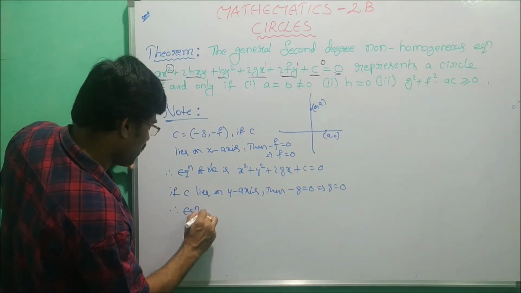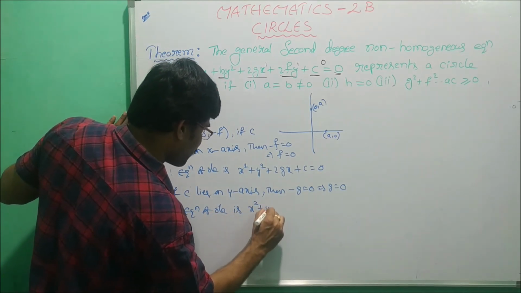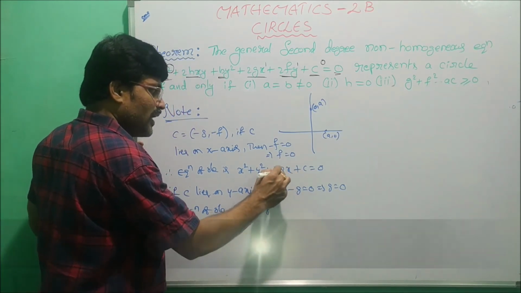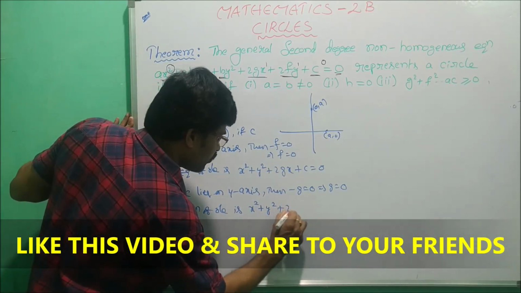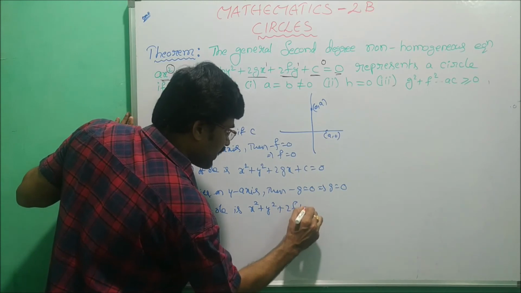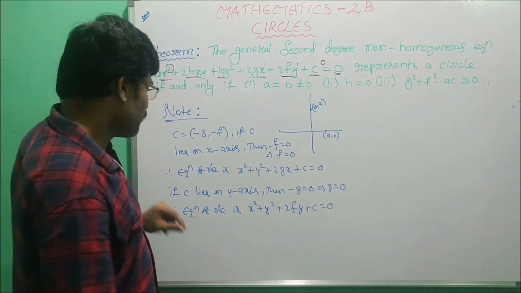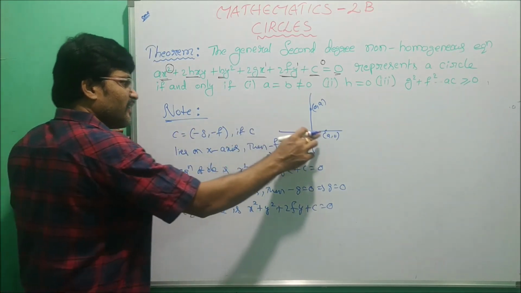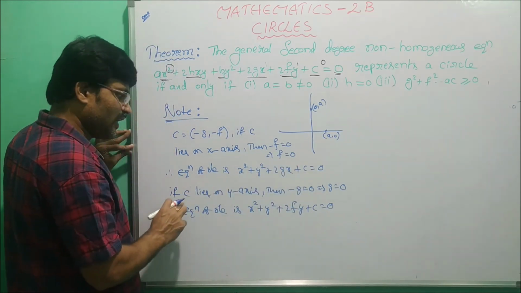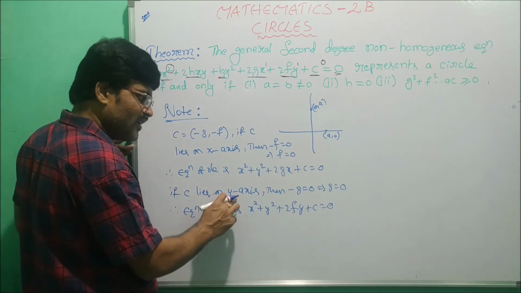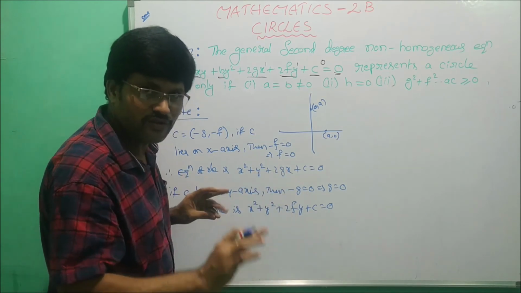Therefore, the equation of the circle is x square plus y square plus 2fy plus c equals 0, as the x term is 0. So if the center lies on the x-axis, the equation can be reduced to x square plus y square plus 2gx plus c equals 0. If the center lies on the y-axis, the equation of the circle can be reduced to x square plus y square plus 2fy plus c equals 0.